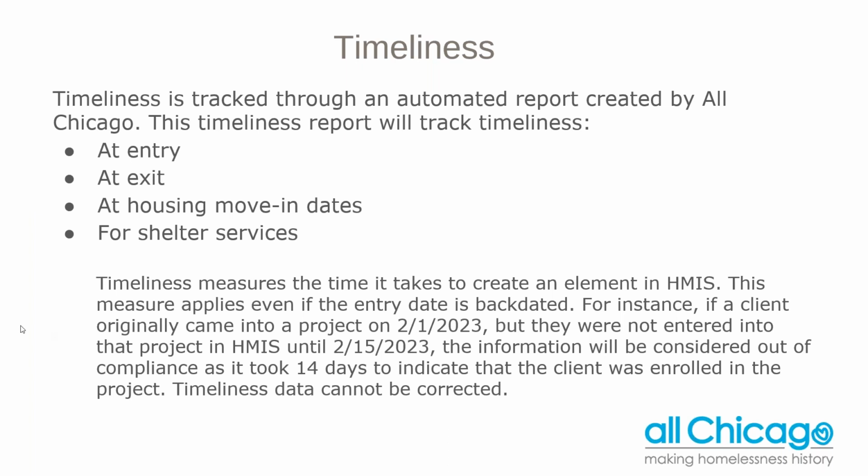Even if you backdate the enrollment to be accurate as of February 1st of 2023, the report that you receive will still show that it took 14 days to enroll the client, just to keep that in mind.